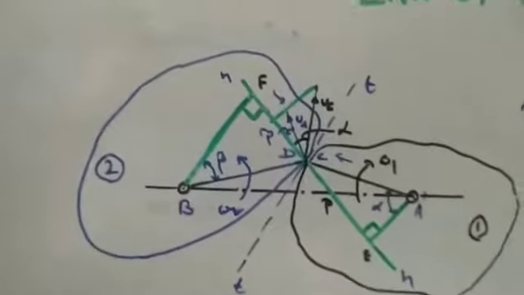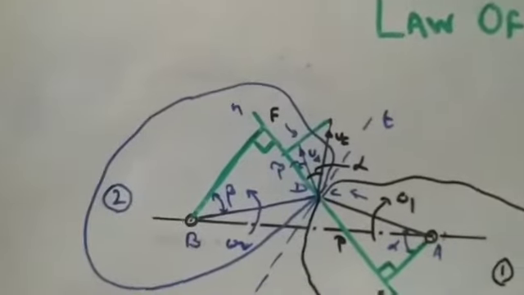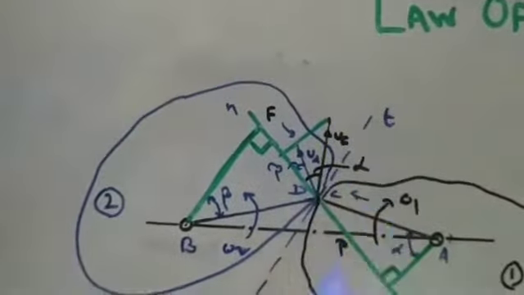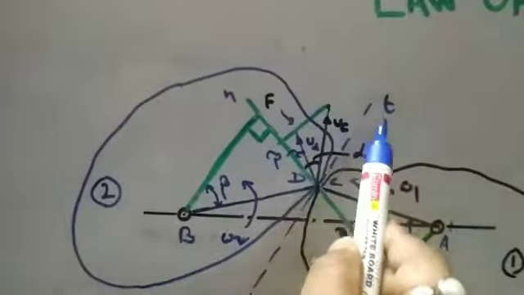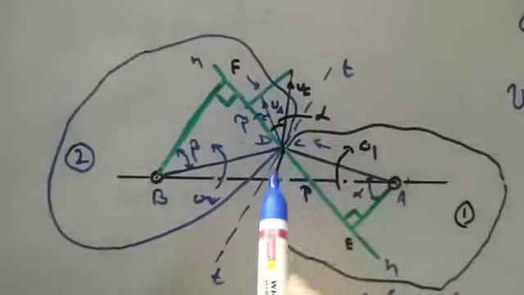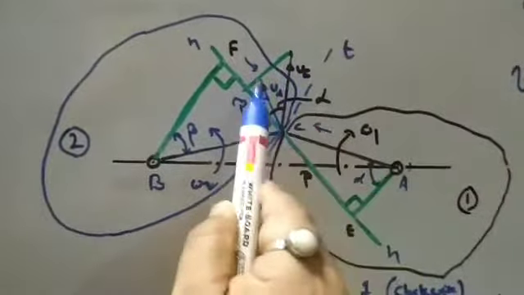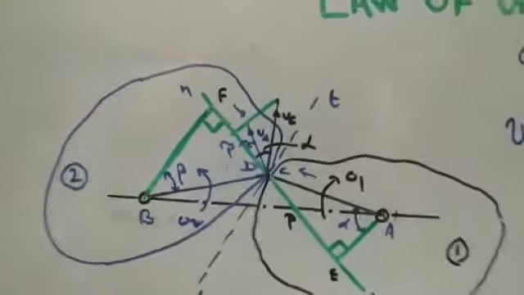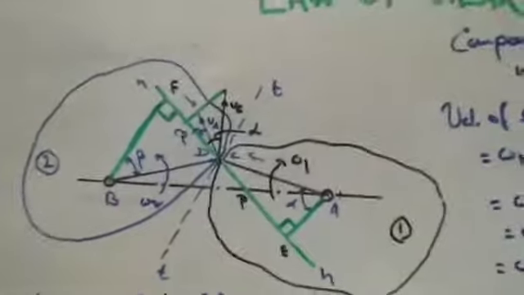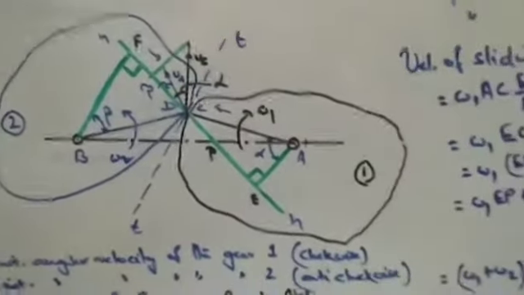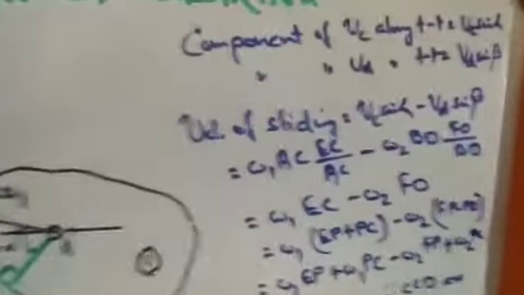So the difference Vc sine alpha minus Vd sine beta must not be equal to 0. There should be some finite value.